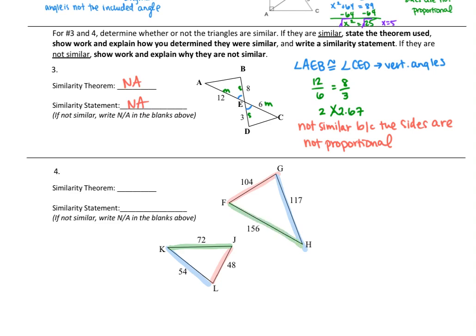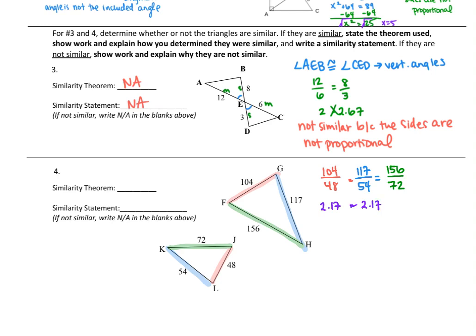All right, so first starting with my small, it's going to be 104 over 48, and that has to be equal to my medium side, so 117 over 54, and that has to be equal to my large sides, which is 156 over 72. So then we put it in our calculator. 104 over 48 is 2.17. 117 over 54 is the same thing, 2.17.